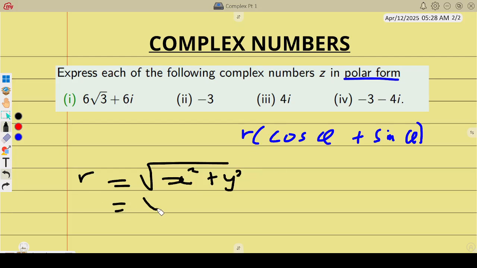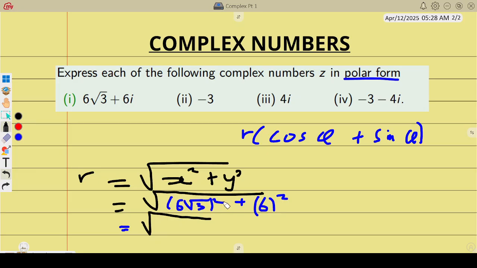What is x? The real part here is 6 root 3, so we square this, plus y, which is 6, and we square it. The imaginary part, we don't include the i there. Then you quickly do the math and find the final answer.